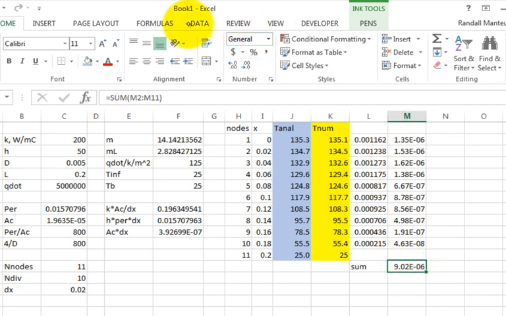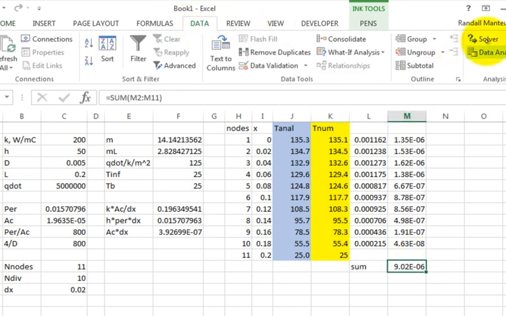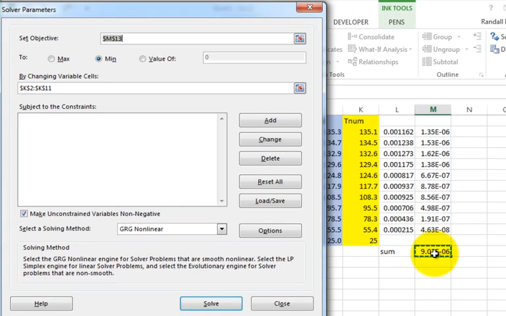Let's go up to Data tab, over to Solver. And because I had selected it before I went to the Data tab Solver, it says, okay, I think you want to handle something in M13. Yeah, that's where I have it. And I went in here, and this was originally blank. And I said, I want to not maximize it. I could set it to a value of 0, but minimum is the same thing, drive it to 0.